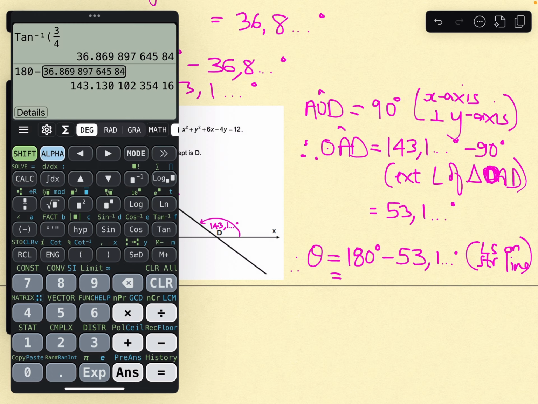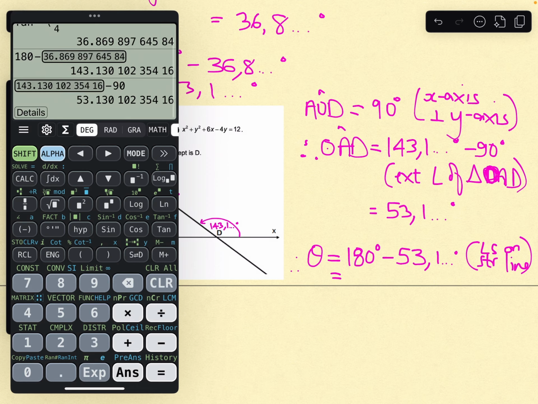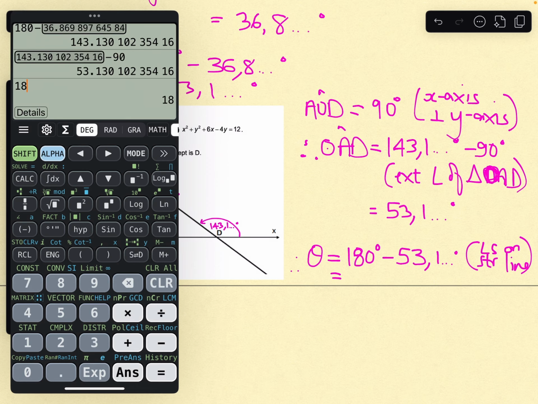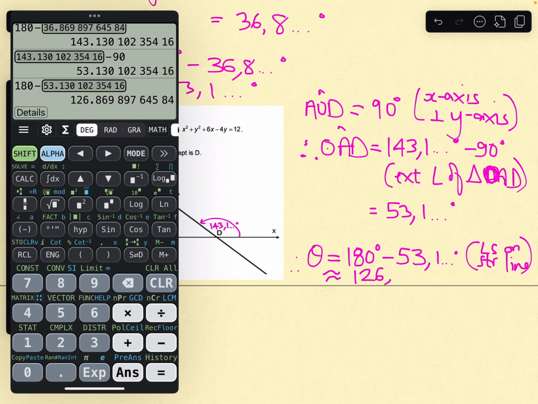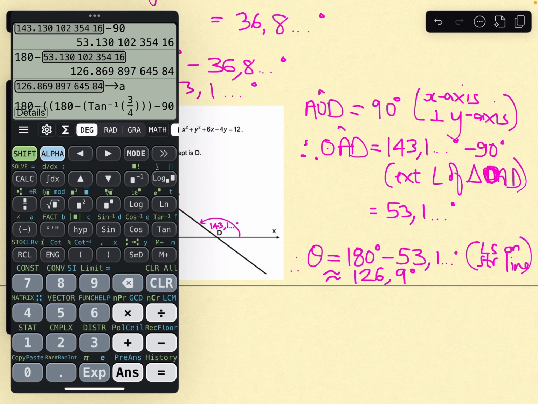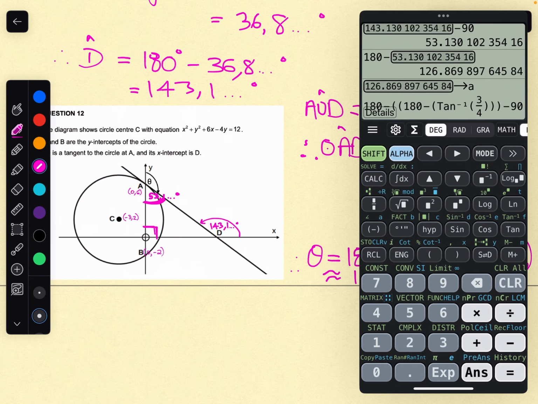So 143 minus 90 is 53 point whatever, and then 180 minus that is 126. Now we need to round off. 126.9 degrees, and I'm going to store that answer. And that's the size of theta.